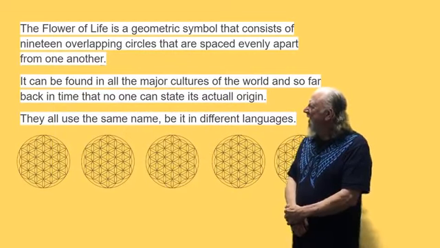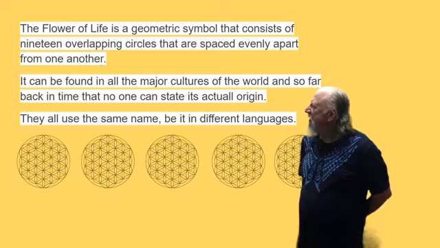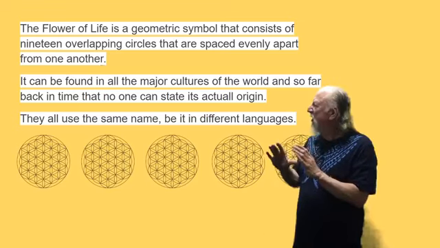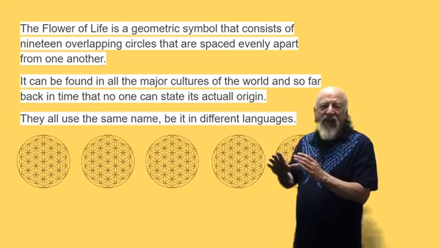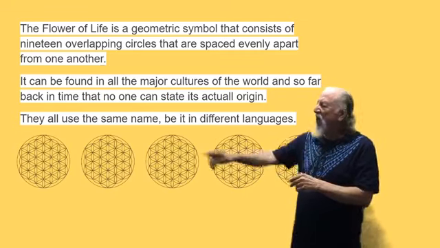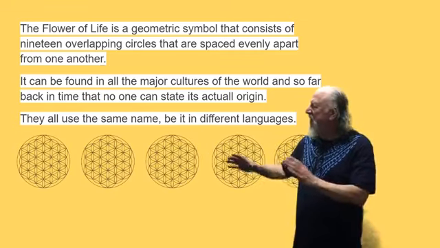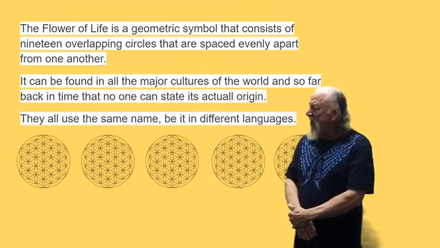The flower of life is a geometric symbol that consists of 19 overlapping circles. That's the usual number. It's not always 19. Sometimes it's more. Like on the table I built there, there's 91 circles.